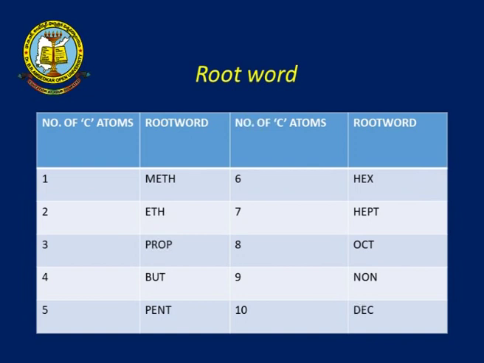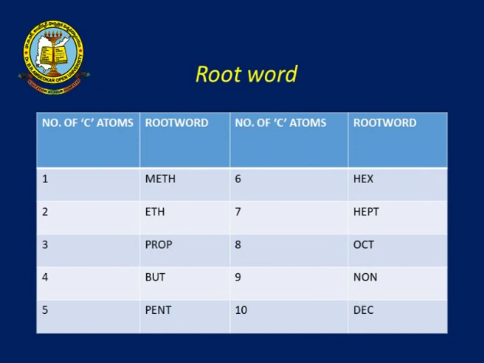So, if 1 carbon is there, the root word is meth, and 2 carbons it is eth, 3 prop, 4 it is but, and then 5 pent, likewise 6 hex, 7 hept, 8 oct, 9 non, and then 10 dec.